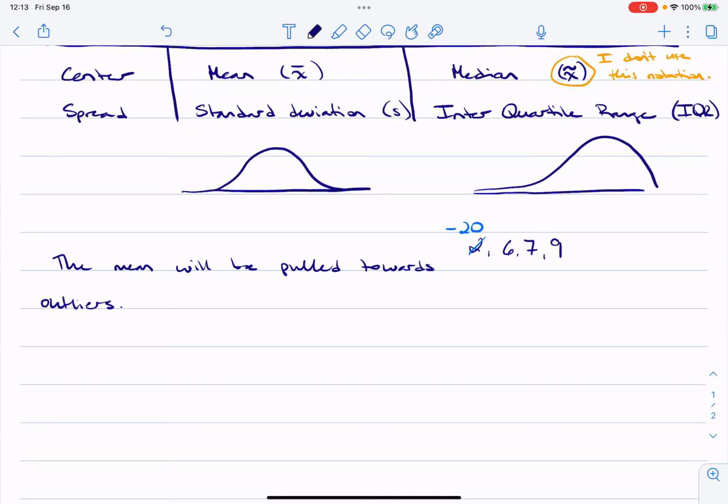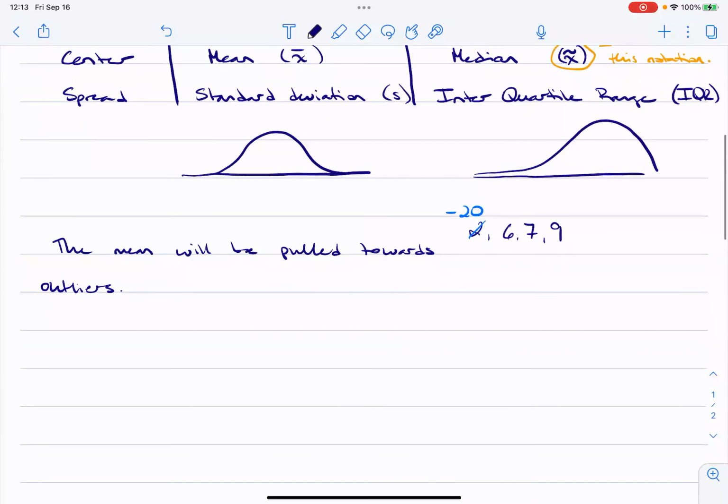And so we call it robust. So it's not a robust measurement. The mean is not robust to outliers. Okay.